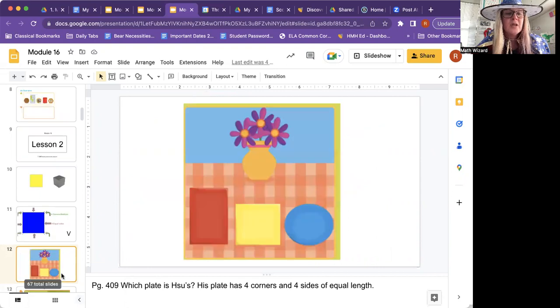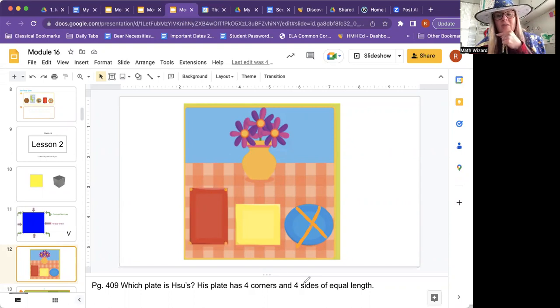All right, so now let's go here. Page 409. Which plate is Sue's? His plate has 4 corners and 4 sides of equal length. So let's look. Does this one have any corners at all? Nope. So I think we can eliminate that one. Now let's go here. Let's count how many corners. 1, 2, 3, 4. That one has 4 corners.